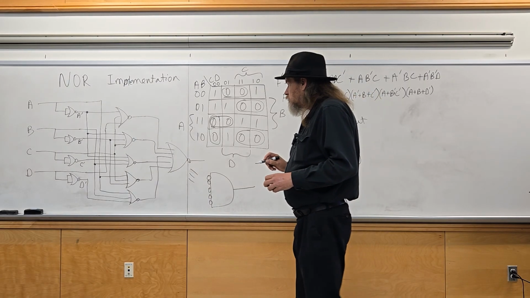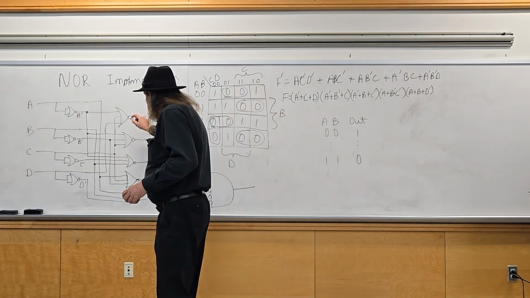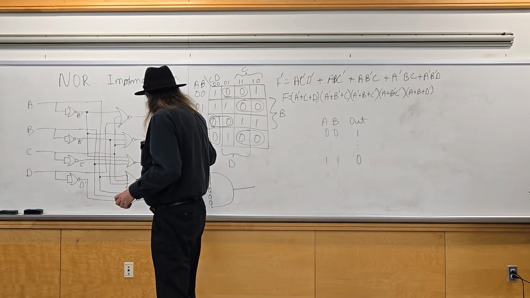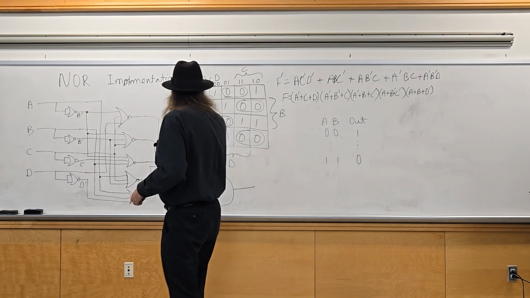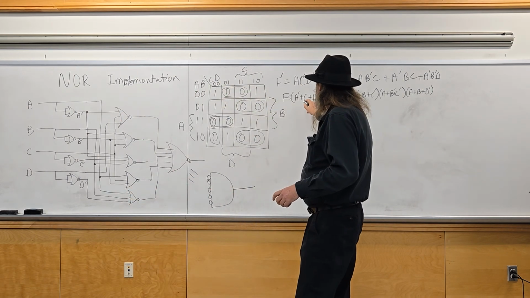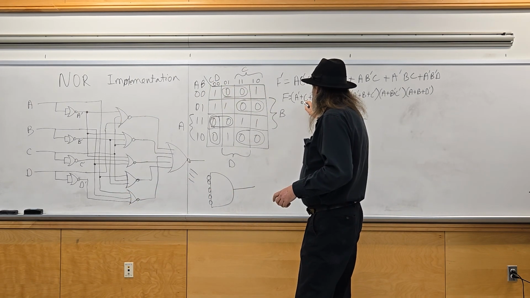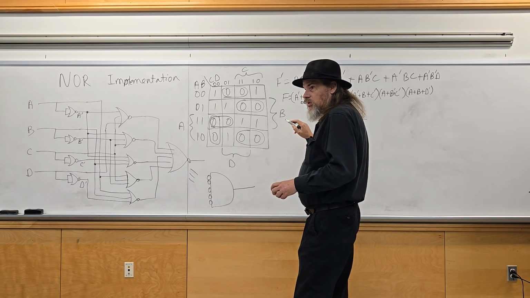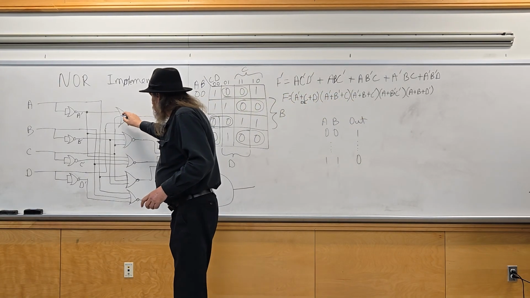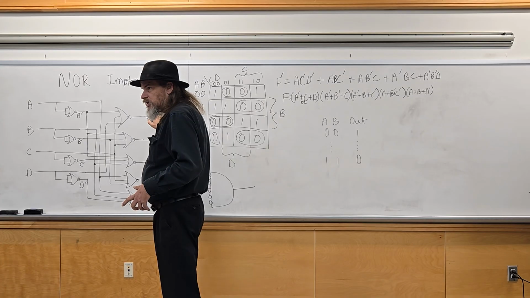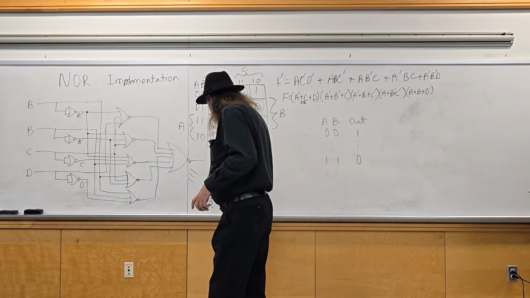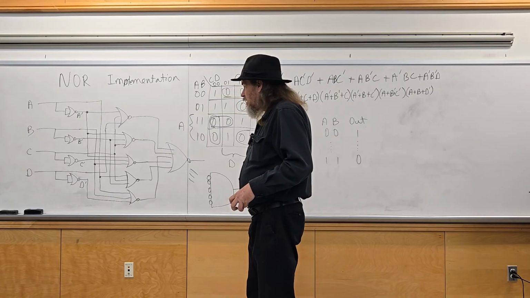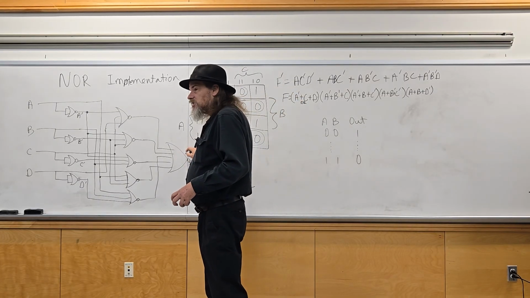Because the inputs into here are inverted from the OR gates, because these are ORs, not NORs. So we're doing the OR, but we're inverting the output. You got to invert it again to go into the AND gate, but that's the equivalent of an OR gate.